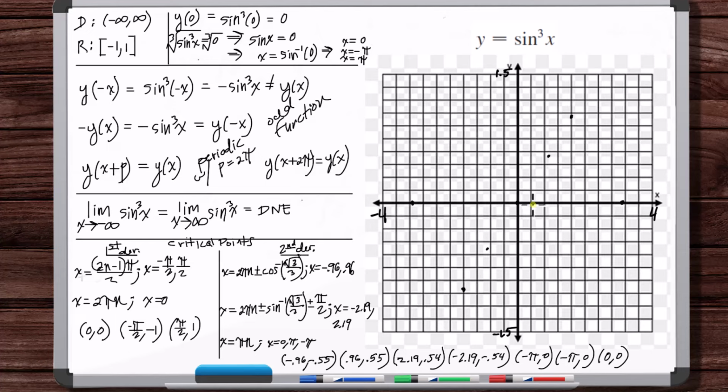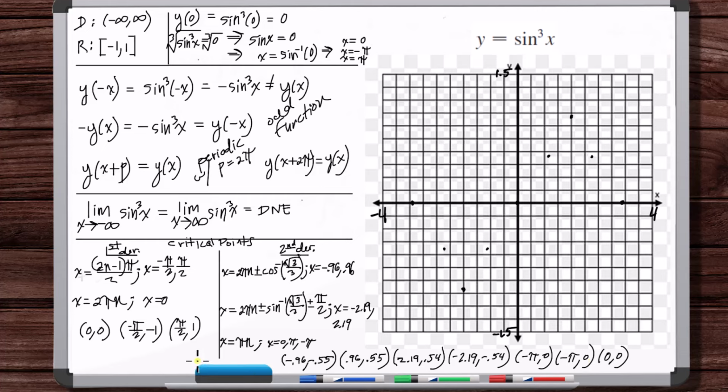Now 2.19, 0.54. So let's go in the negative direction first. So minus 0.4, 0.8, 1.2, 1.6, 2.0, 2.4. So this is minus 2.2-ish. Now minus 0.54, so we come even with this point at the bottom. Okay, 3, 4, 5, 5.5. And then come even with this point. Okay, and then these are x intercepts. All right, there we go.